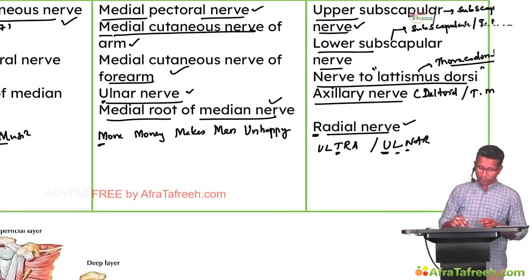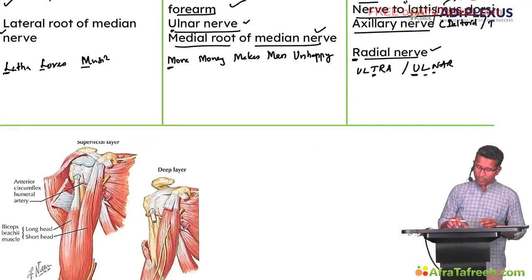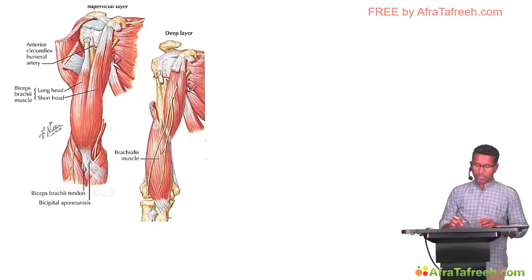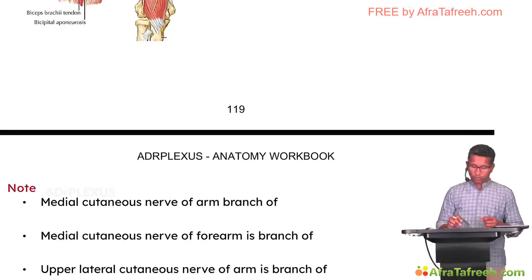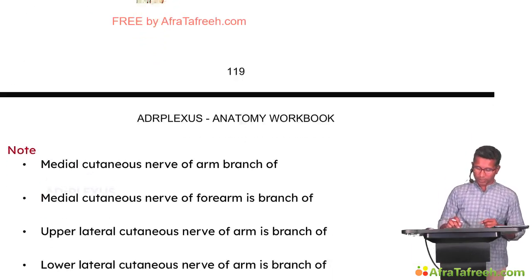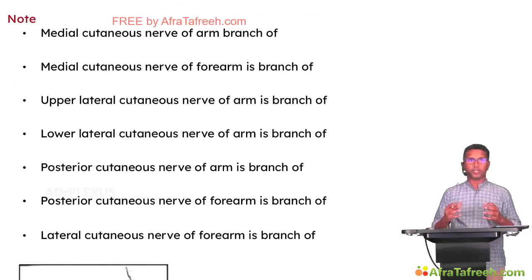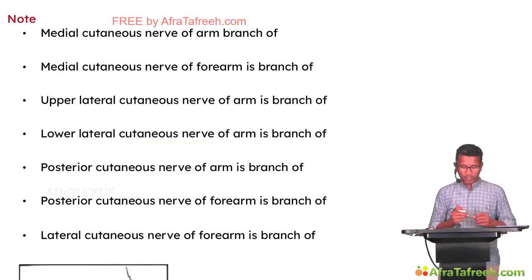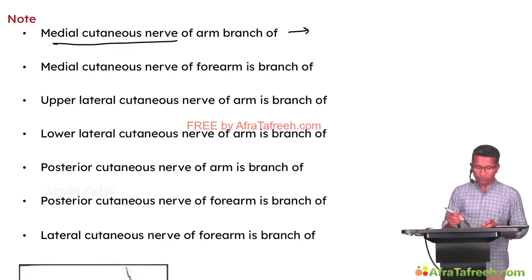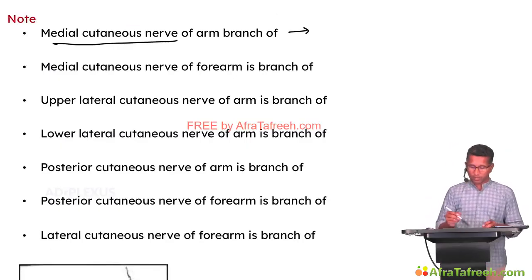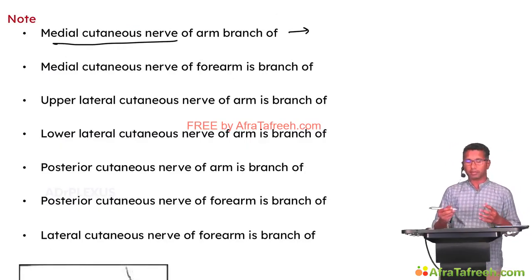Okay, fine. So with this we'll go to the next part of the brachial plexus, that is brachial plexus injuries. Before going into the brachial plexus injuries, just a small refresher here. You have a branch called medial cutaneous nerve. Can anybody tell me, medial cutaneous nerve is a branch of what part of the brachial plexus, guys?